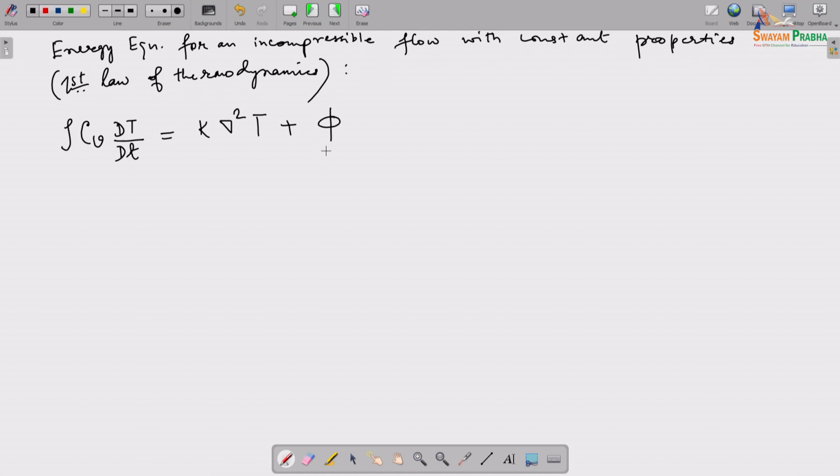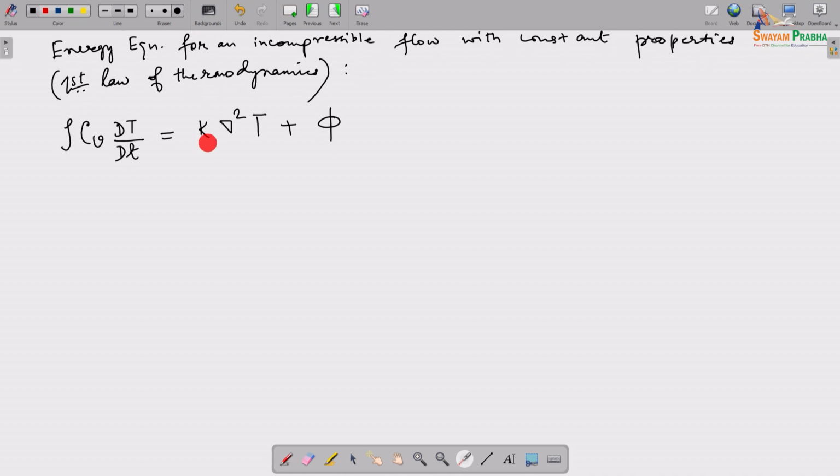Now, when I say energy, when I wrote this, I said energy equation for an incompressible flow, right, with constant properties. What do I mean by that? What I mean is essentially that CV and K are constant properties.